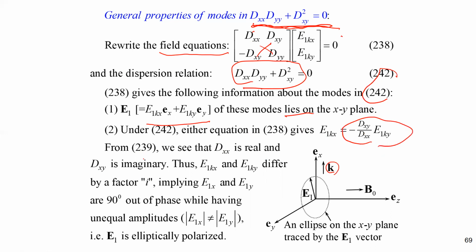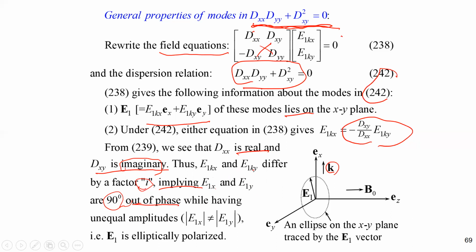From these two, we have dxx is real and dxy is imaginary. These two differ by a factor i, implying that E1x and E1y are 90 degrees out of phase.